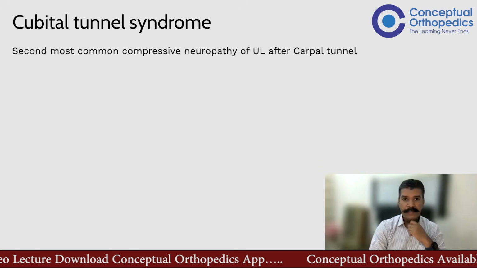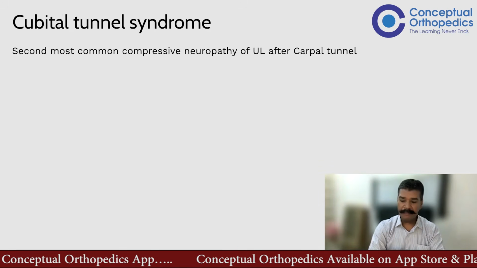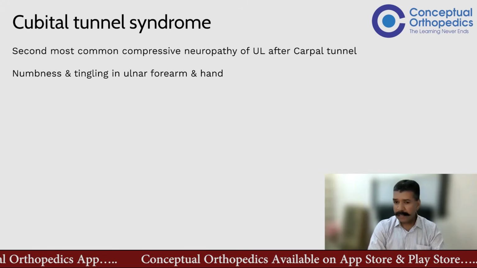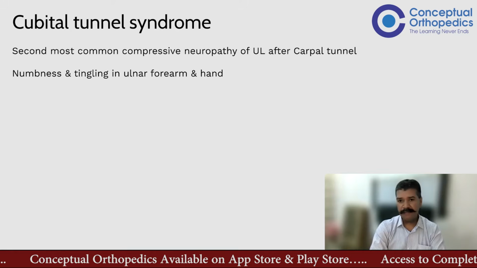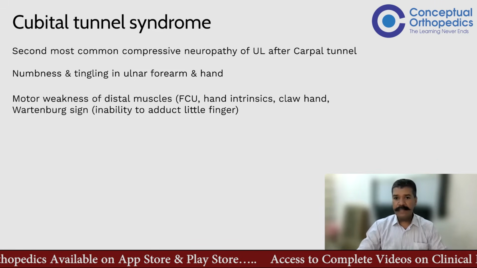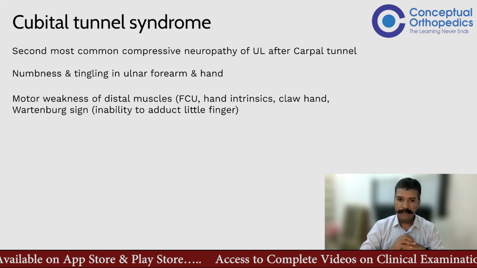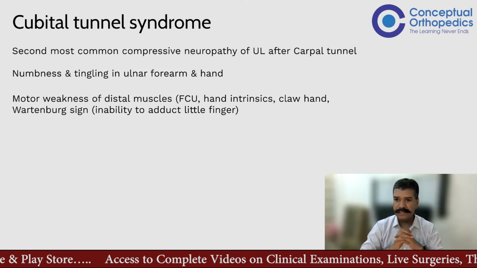Now, cubital tunnel syndrome is the second most common compressive neuropathy of the upper limb after carpal tunnel syndrome. It is expected to cause a fair amount of numbness and tingling in the ulnar side of the forearm and hand. And there is motor weakness of muscles which are supplied distal to the elbow by the ulnar nerve. These are flexor carpi ulnaris and the intrinsics of the hand.